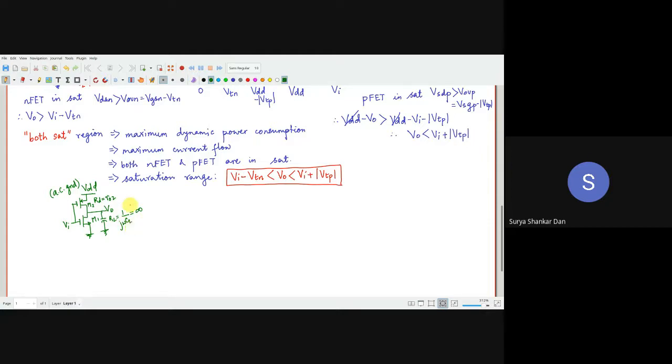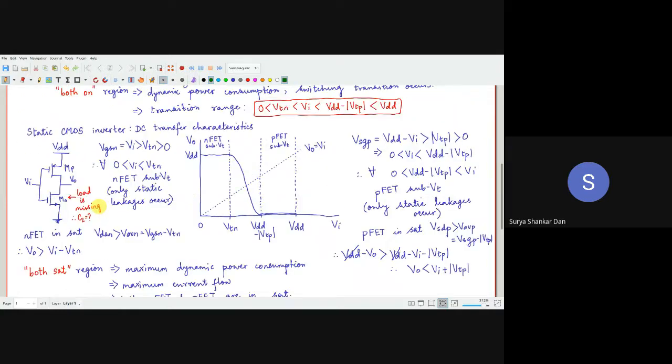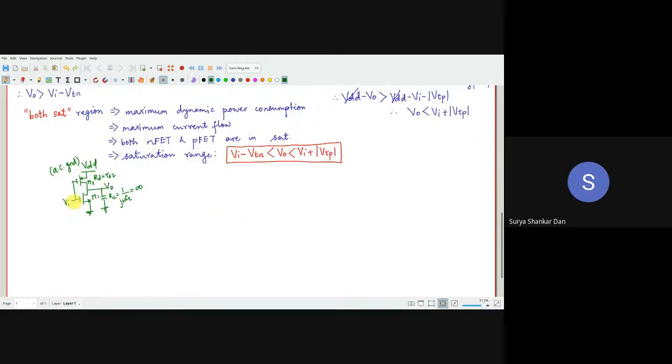It is always going to be infinity, because you have not put any resistance here. No load is there. Then can anybody tell me what is the value of CL? Zero. Exactly. Very good.